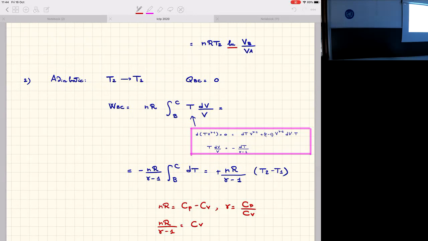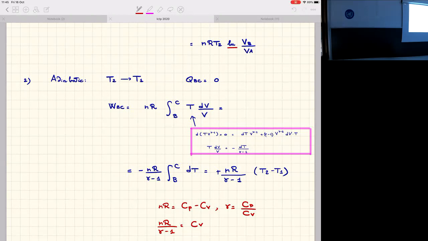Right? And this is obvious, right? Well, it's obvious. It's connected to the fact that the change in temperature is, yeah, so the work done is equal to the difference in internal energies, right?